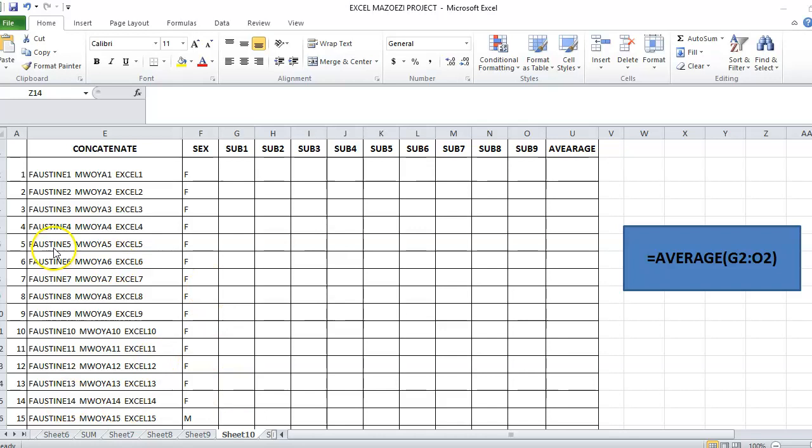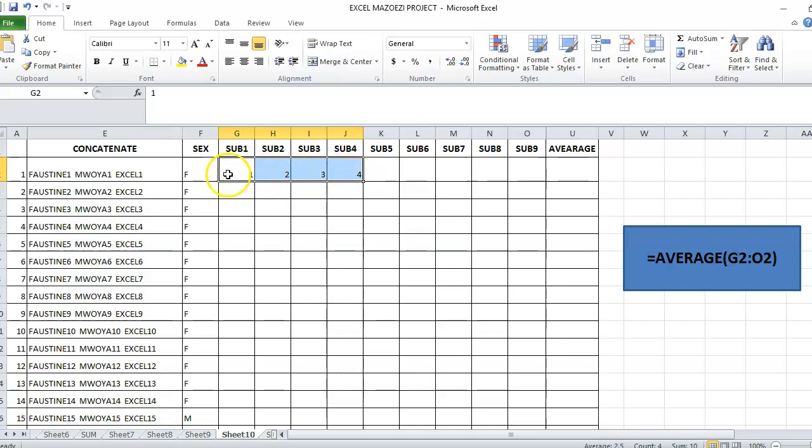For example, when I want to take the average of cells, I have four cells which I want to find the average of. Average means it first adds all numbers in a given range. After adding the numbers in the series, it divides by the number of observations: 1, 2, 3, 4.